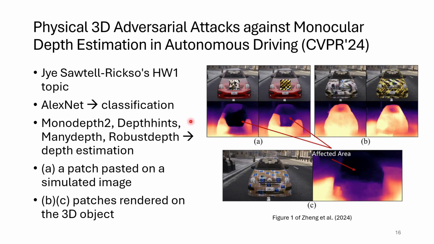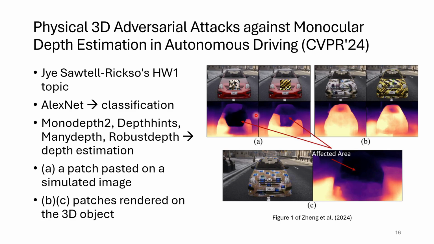So in their paper, they test 4 different depth estimation methods: Monodepth2, Depth Hints, ManyDepth, and the Robust Depth. Okay, they found all of the 4 depth estimation algorithms will fail.